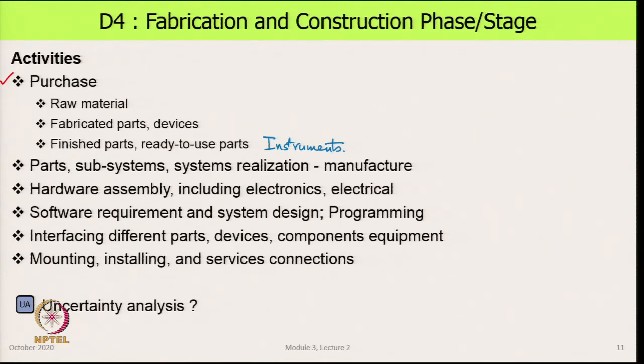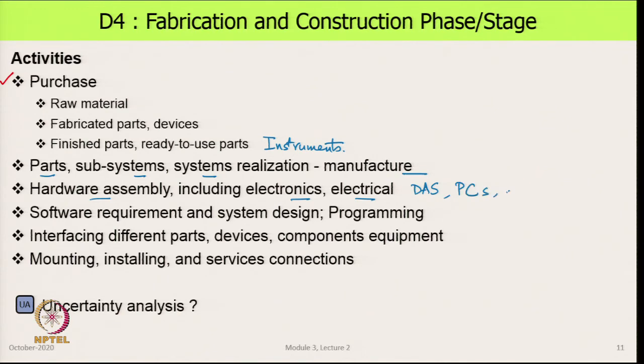Then we go ahead and decide what has to be made. So, some parts, some systems, we are getting into the realization mode, which is manufacture and assemble different components together. This includes hardware assembly, including electronics, electrical connections and connections to data acquisition systems and PCs.